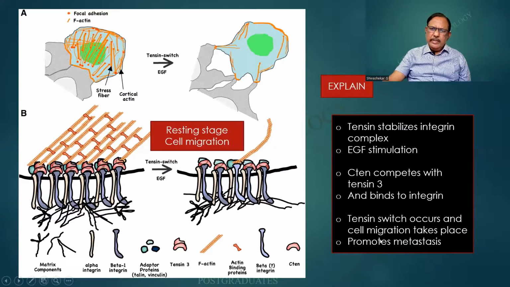And what happens is, whenever there is a weakening of the tensin or a loss of it, it helps in the cell migration and it promotes metastasis. This is a superb diagram which I took several minutes or even an hour to understand, to the extent that I can explain to you people. A beautiful one which you people, if you can explain this particular diagram, you can forget the rest of my class.